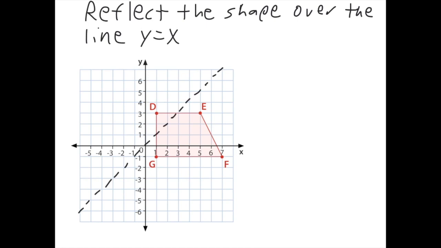This one will not be so easy to reflect, because now instead of just going in one direction, we'll have to go diagonally to hit the line at the same slope as it goes, up 1 over 1 or down 1 over 1.